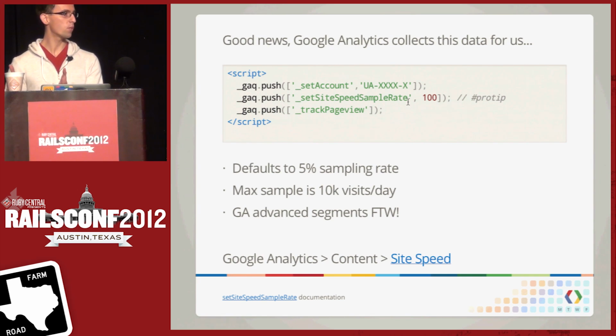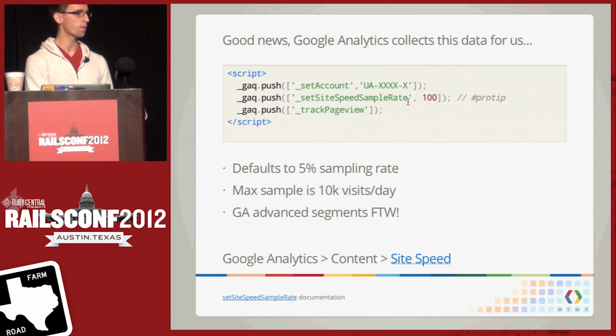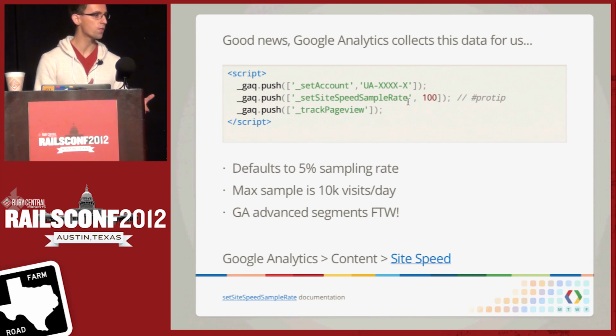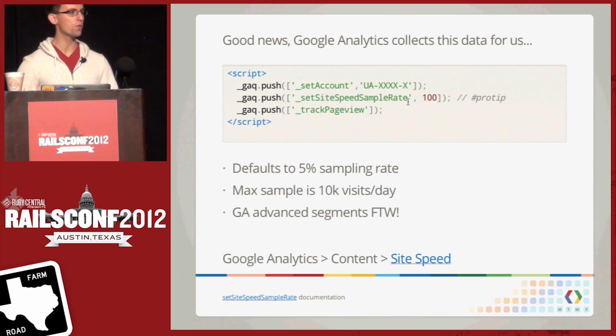But we have this max limit of 10K, or by default, we'll sample 5% of all of your visits. So if you have a site that's small-ish, as in it gets less than 10,000 unique visitors a day, you can just set your sampling rate to 100, and it'll sample across everybody, which gives you a really nice sample for how users are interacting with your site. So in fact, I have this set on my blog.